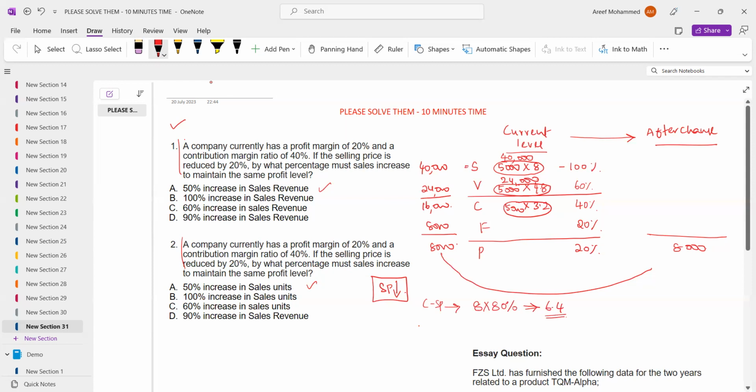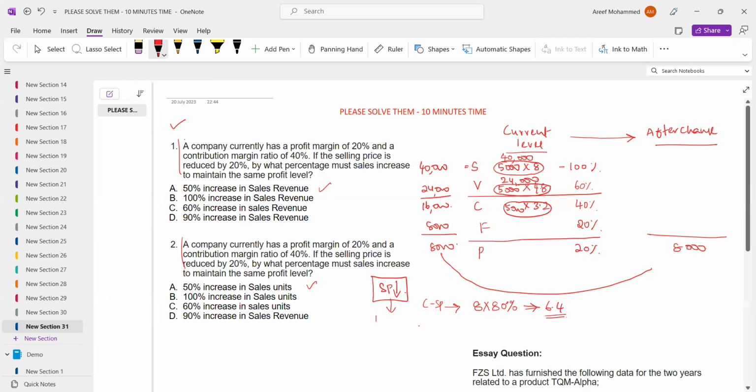So we don't know the number of units. By what percentage must sales increase to maintain the same level of profit, it is given. So now my selling price after decreasing is 6.4.